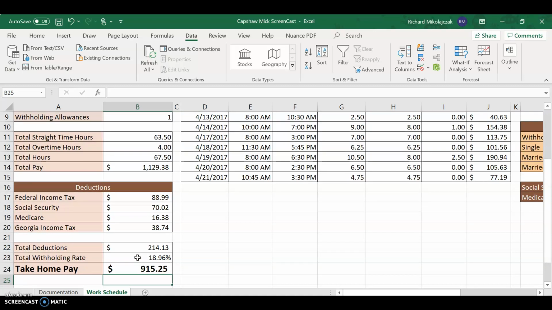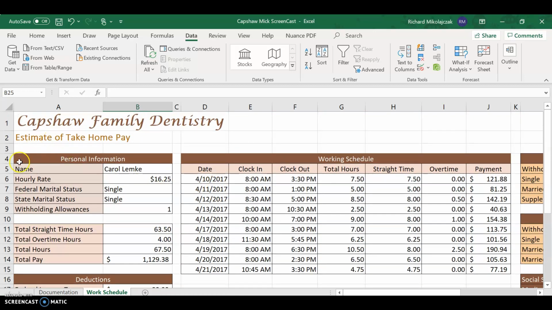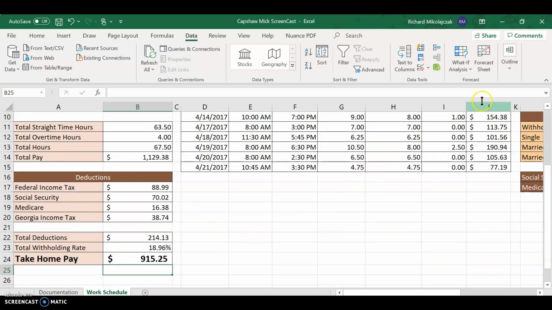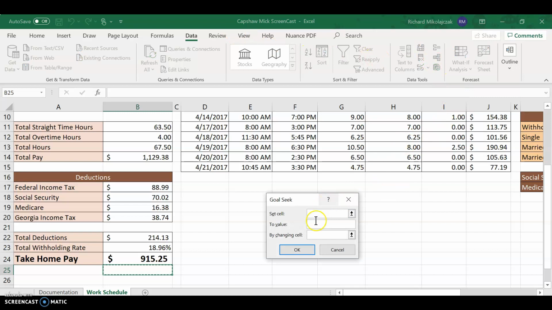The only question they're giving us is if Carol wants to have $1,000, how much will she have to be paid? What would her hourly rate be? So let's do that real quick. I've got the data up. What-if analysis, goal seek.